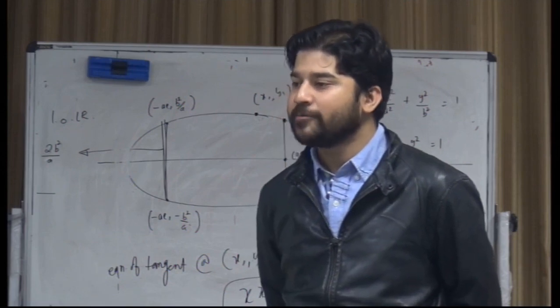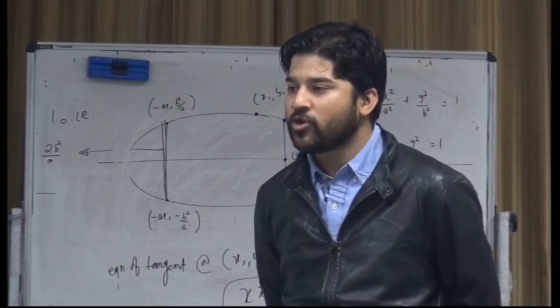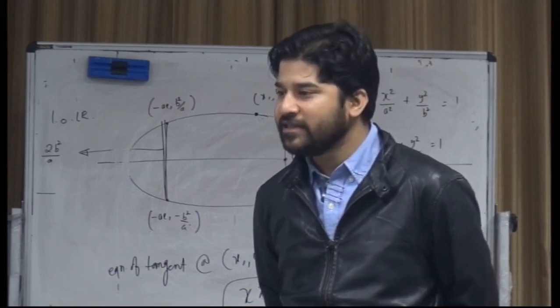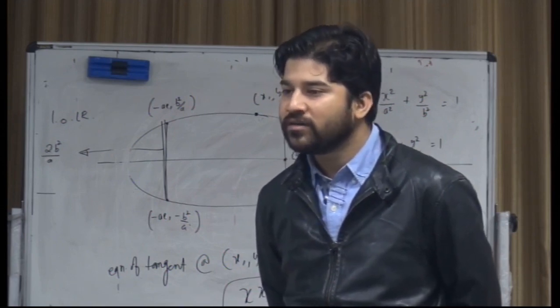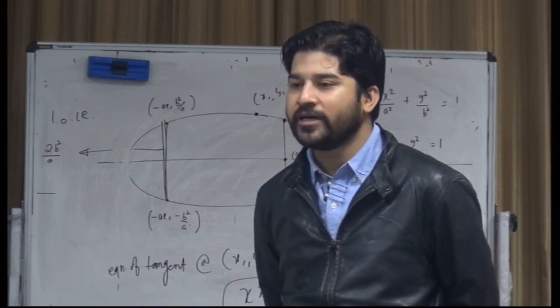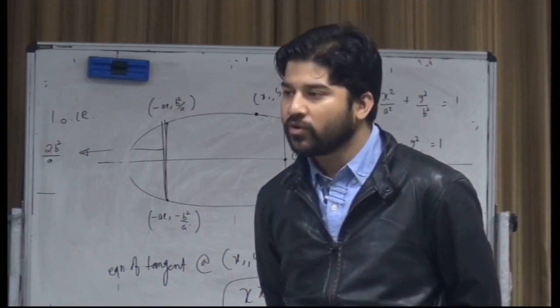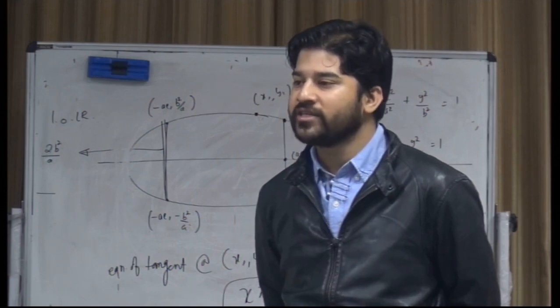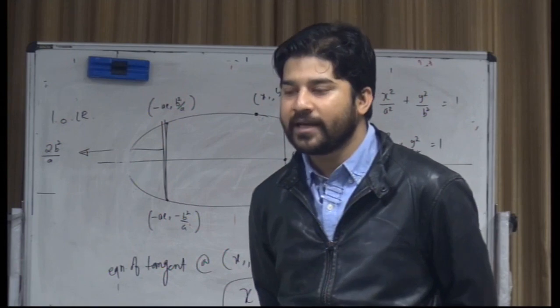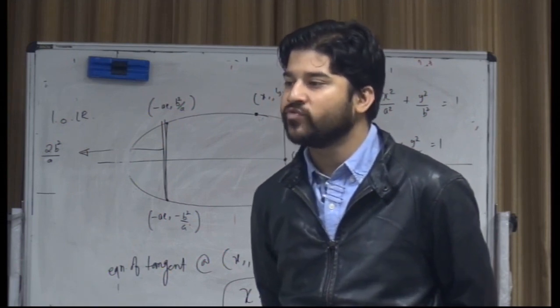If two lines are perpendicular, then the product of their slopes is -1. So you can easily find out the slope of the normal. And at the same time, you have already been given the point of contact. So the equation is going to be y minus y1 upon x minus x1 is equal to -1 upon slope of tangent.